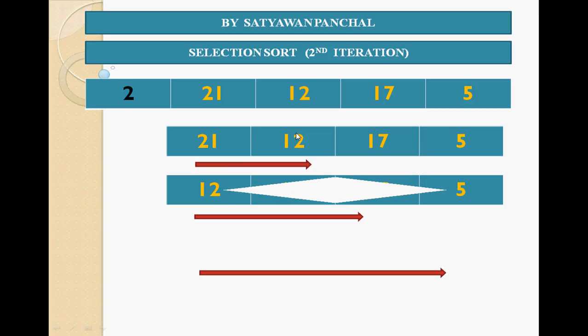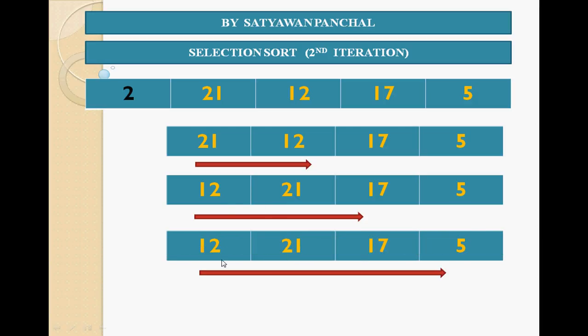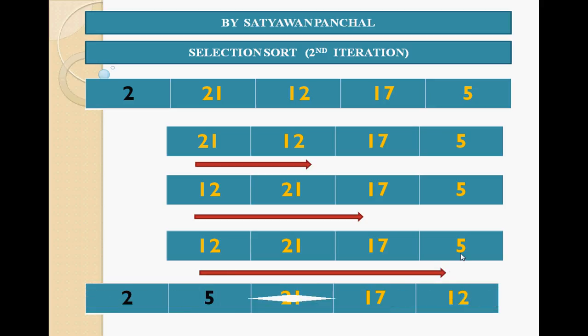In the next step you will see that 21 is swapped with 12. So the element at this position is again compared with the next element in the list, that is 17. 17 is larger, let it remain here. And in the next step I'll be comparing the element at this position with the last element. So here 5 is lesser, so it will come at this position, and 12 will go at the last position. So we can see here that 12 is here now and 5 is here now.